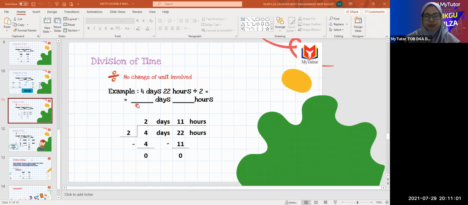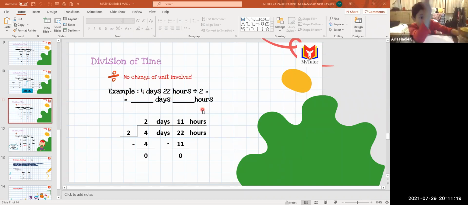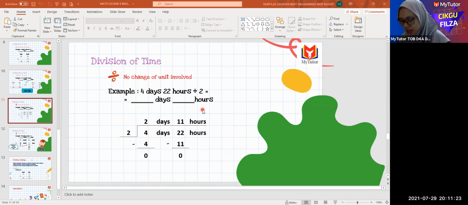So the example here, you have 4 days and 22 hours. You divide by 2. So 4 hari 22 jam is divided by 2. So this is a basic division. Just do simple division like you always do.